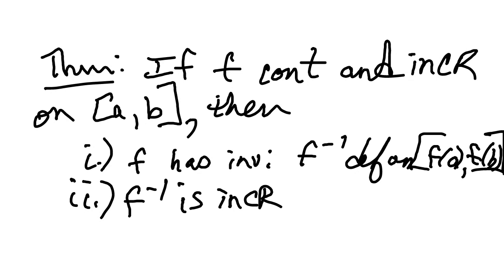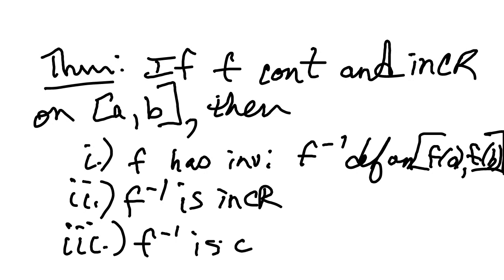So when I said when you take the inverse, it could make it decreasing, then it wouldn't be continuous and increasing, right? So that kind of disputes what I just said. It wouldn't be a continuous function then. And then the last thing, the inverse is going to be continuous.